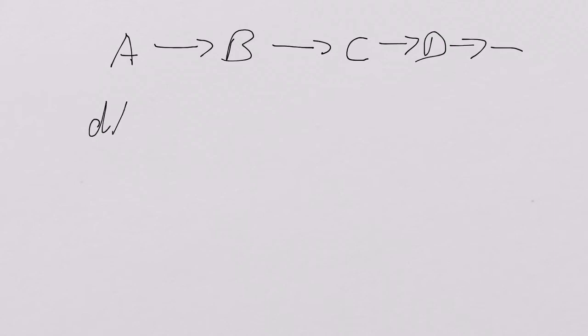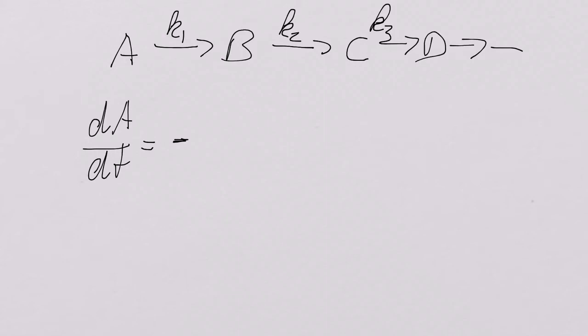We can write dA over dt equals minus K1 times A. Let's make this, again, first-order reactions. A to the power of 1. So A is boring. It just simply goes down, as we've done that before.